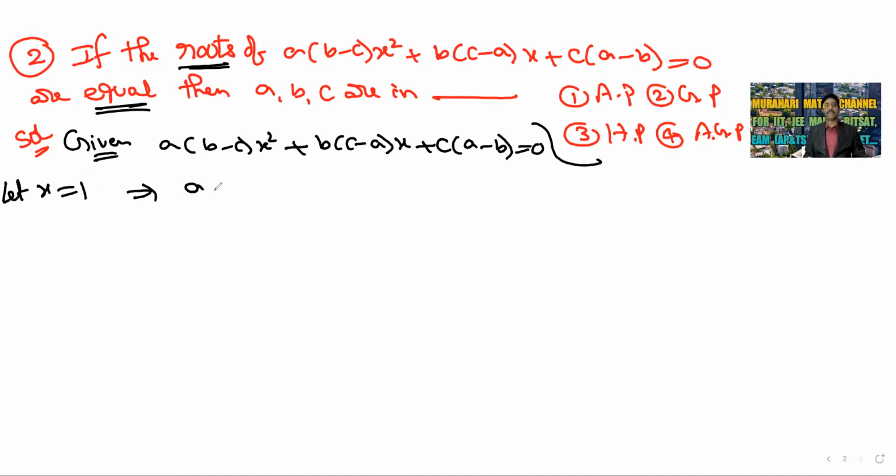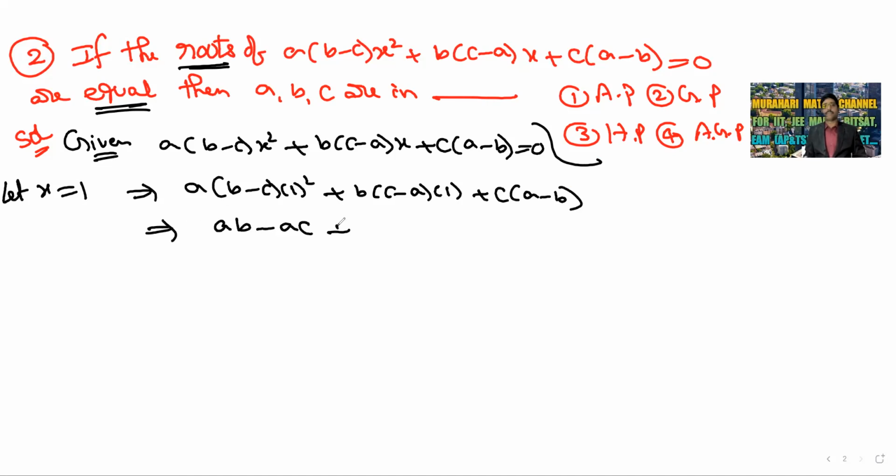Substituting: a into b minus c into 1 square plus b into c minus a into 1 plus c into a minus b. Let us do simplification: ab minus ac plus bc minus ba plus ca minus cb. This condition is satisfied, cb, bc, ba, ab, ac, ca get cancelled. So x is equal to 1 is satisfied.